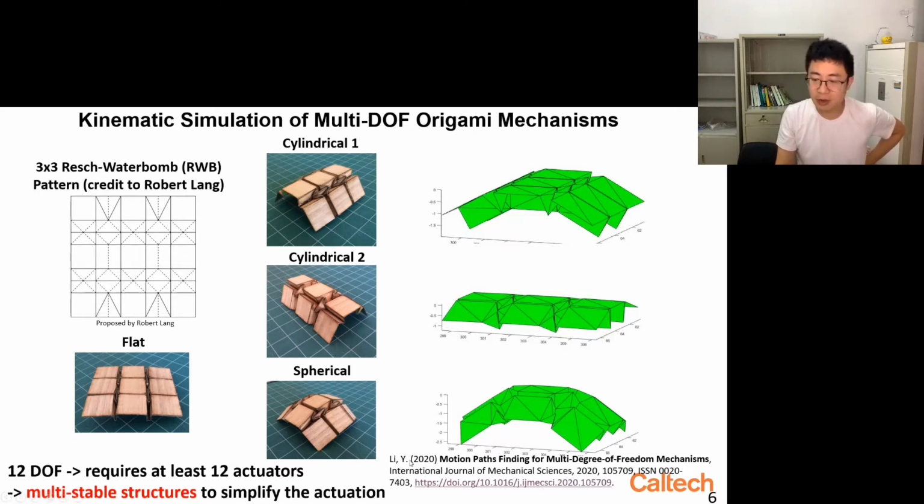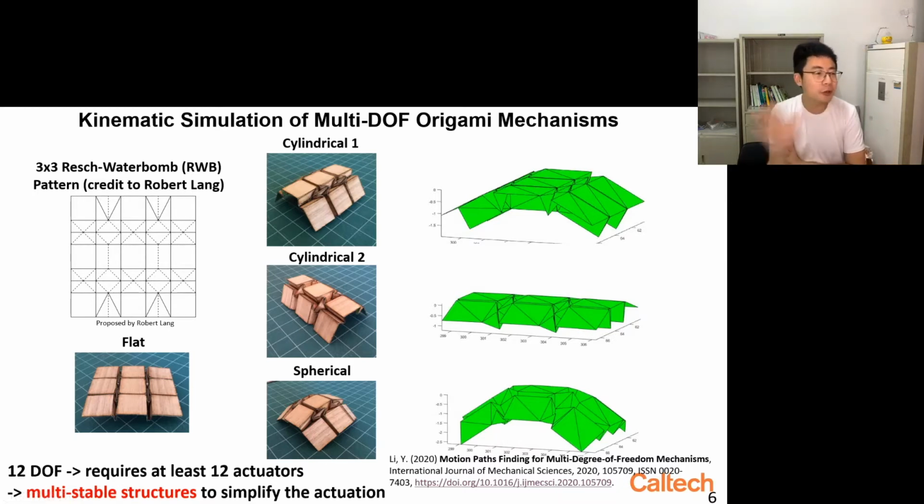I also wrote this work into an article, given here as the reference. But there's a problem. It's not solved. The problem is that this small mechanism has 12 degrees of freedom, which requires at least 12 actuators.